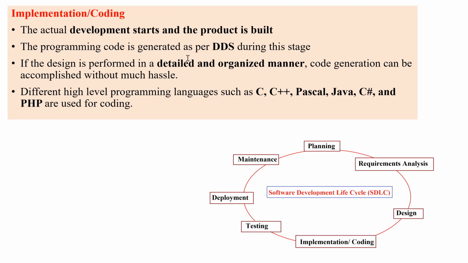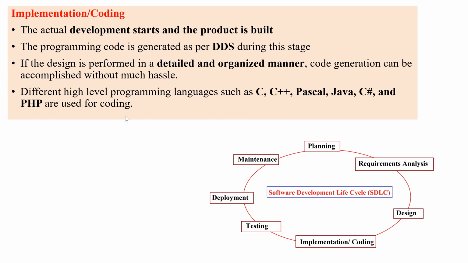What is the main work to be done in implementation? The developers will have the DDS document, and it should be written in a very detailed and organized manner, so easy that during code generation the developer does not face any hassle in developing the code or understanding the features of the product.